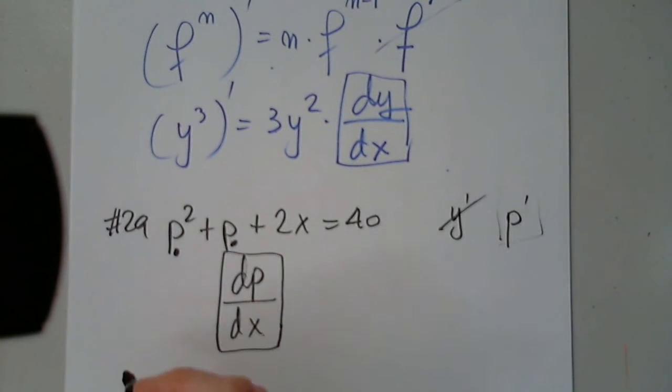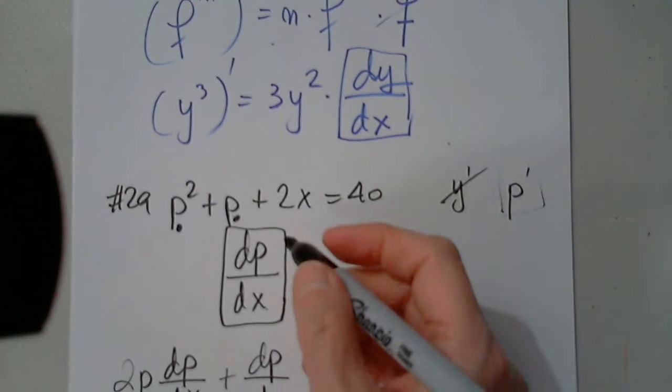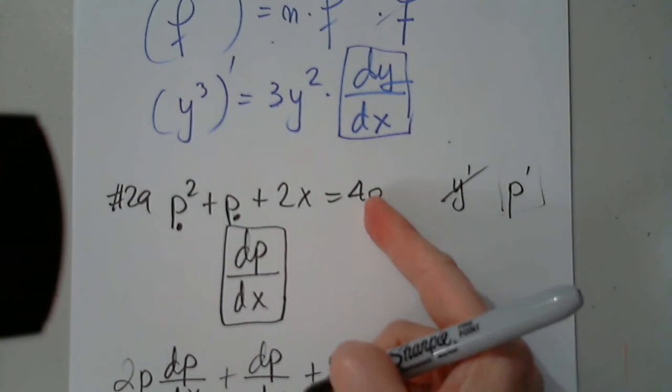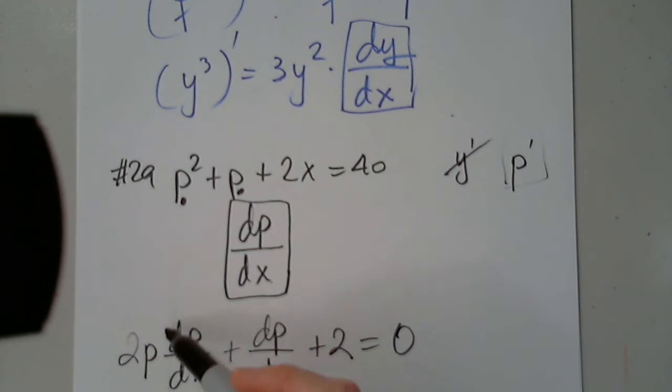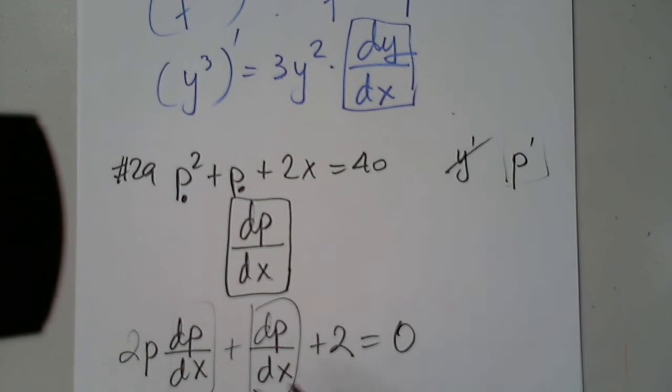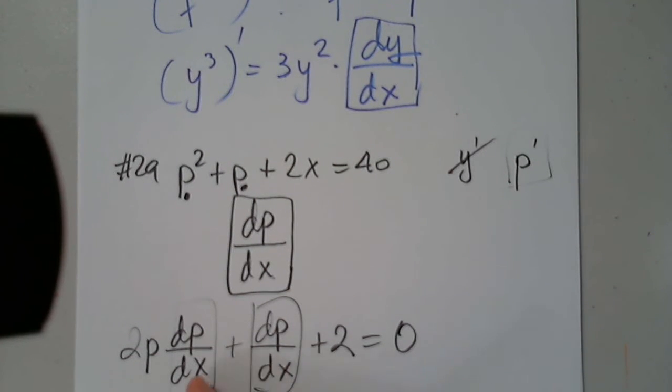So I differentiate as 2p dp over dx plus dp over dx plus 2 equals 0. I'm after dp over dx. It's in two terms, so I have to pull out the common factor and move 2 to the other side.